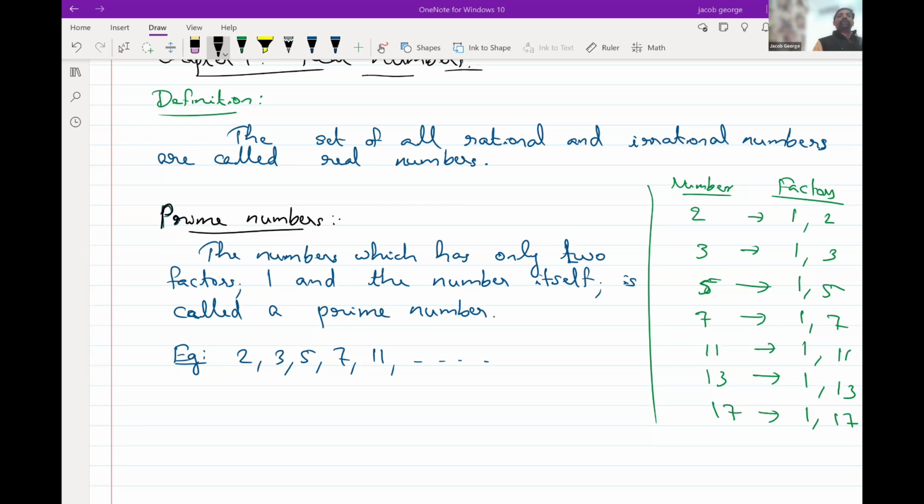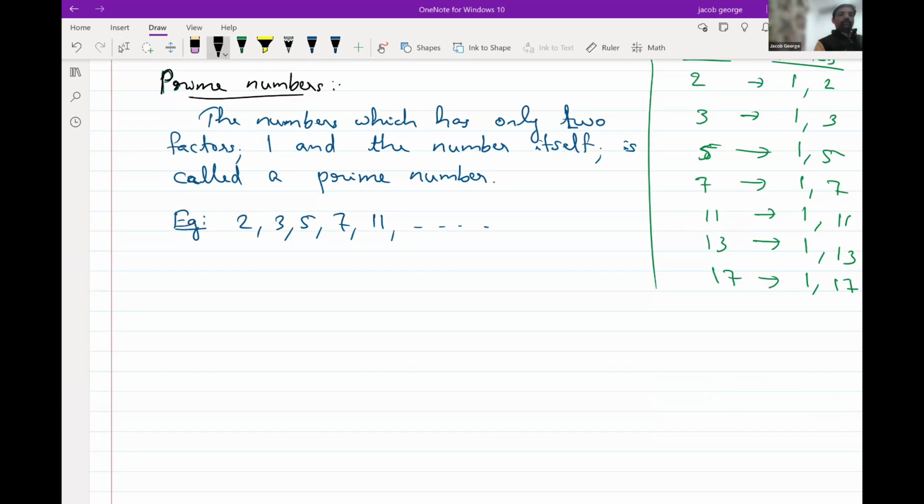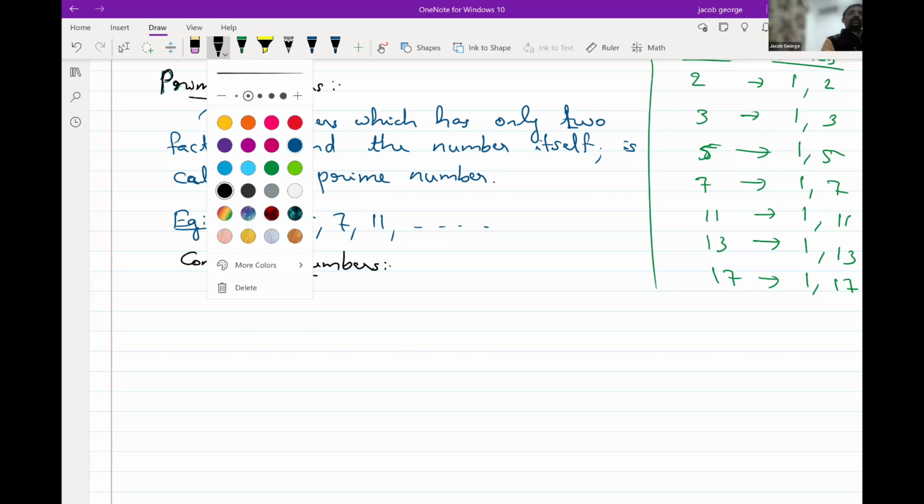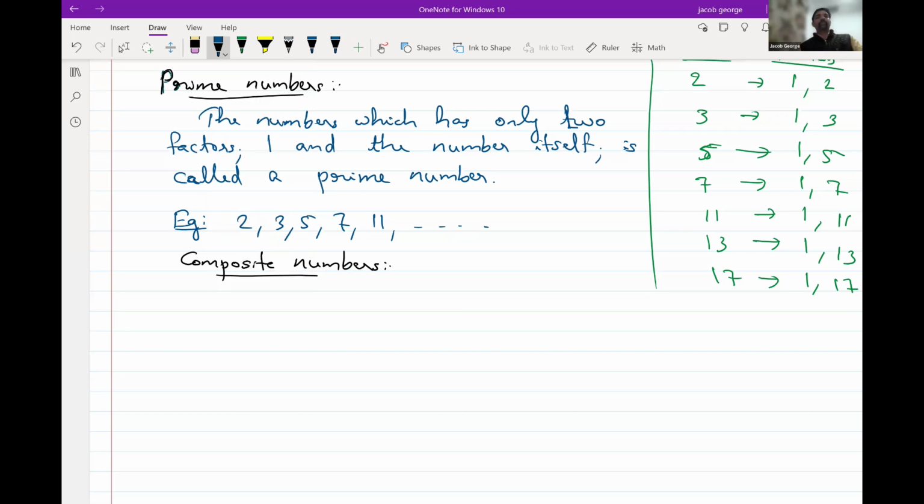Next, composite numbers. The number which has more than 2 factors is called a composite number.